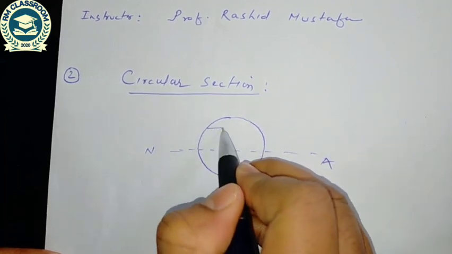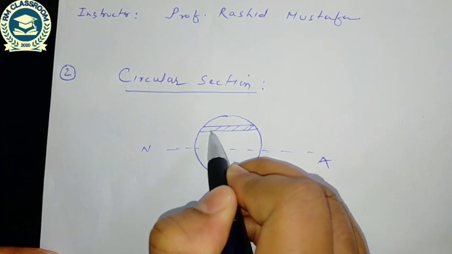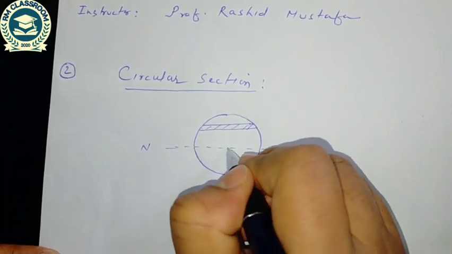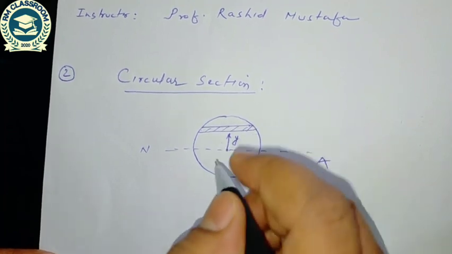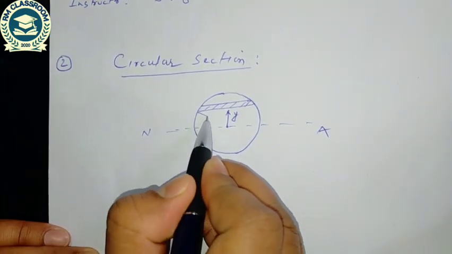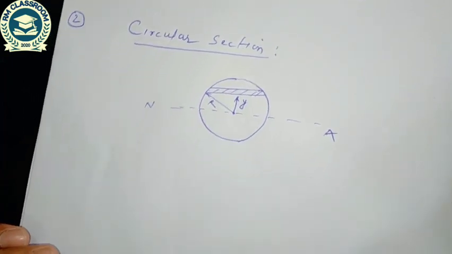and if I take a section at a distance of y from the center, and this is the radius of the section.